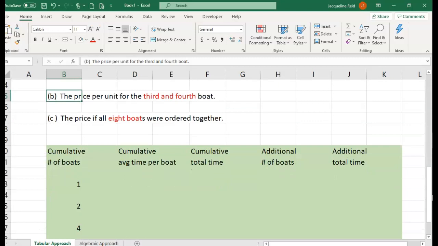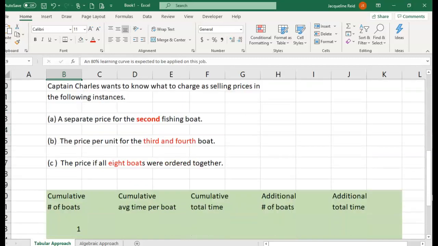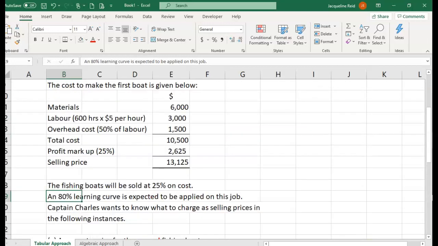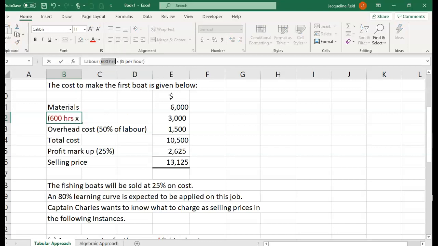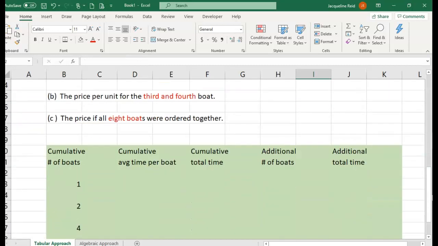Now, we were told that an 80% learning curve rate will be observed. What does that mean? From the costing structure, we find out that the time taken for the first boat is 600 hours. So I'm going to post it here as the average time per boat if you're making 1 boat.